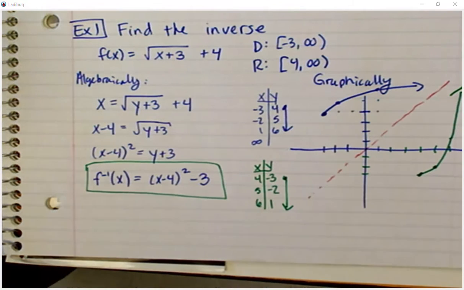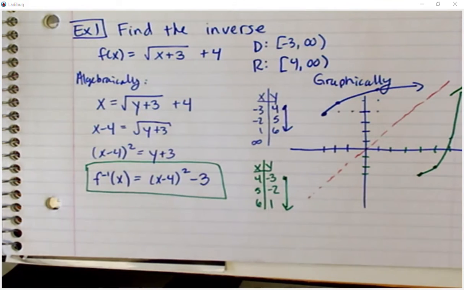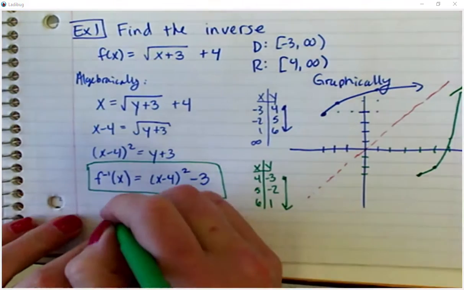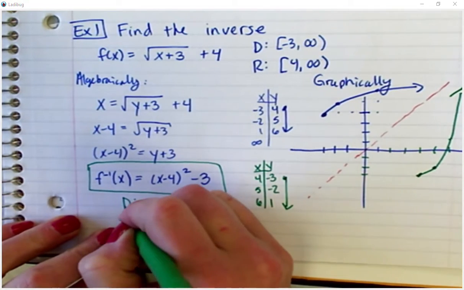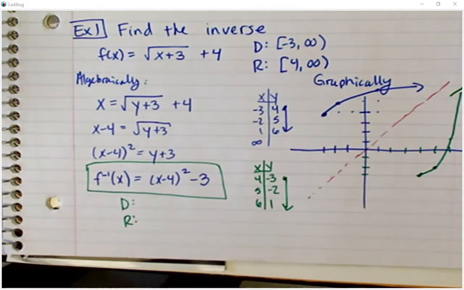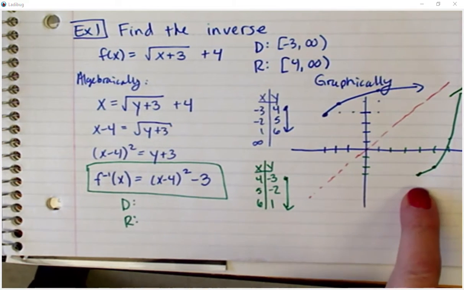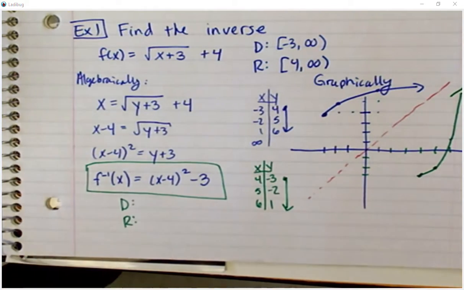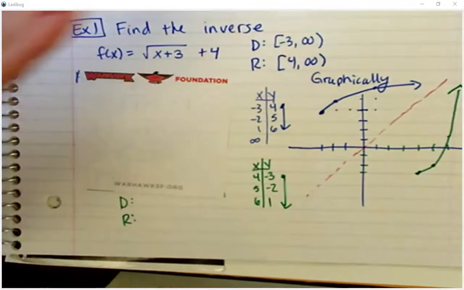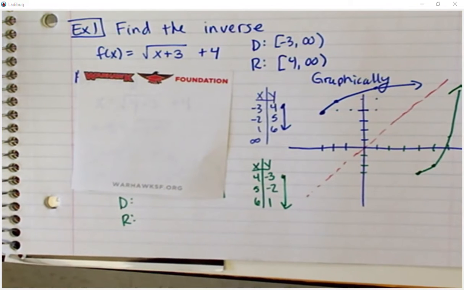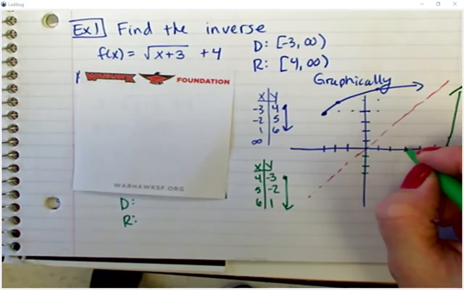And I'll switch colors. We'll do it in green. Looking at the graph, can you just tell me what the domain and range is of the green graph? Don't look at my equation. I don't care what the equation is. I want to know, just looking at the graph, what should the domain and range be? 1, 2, 3, 4.